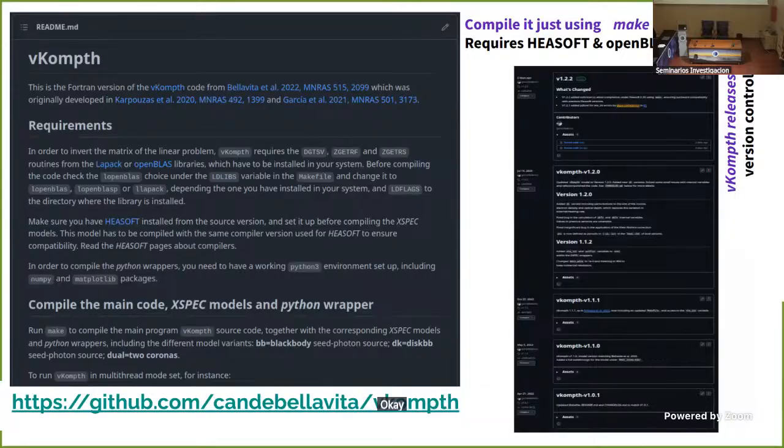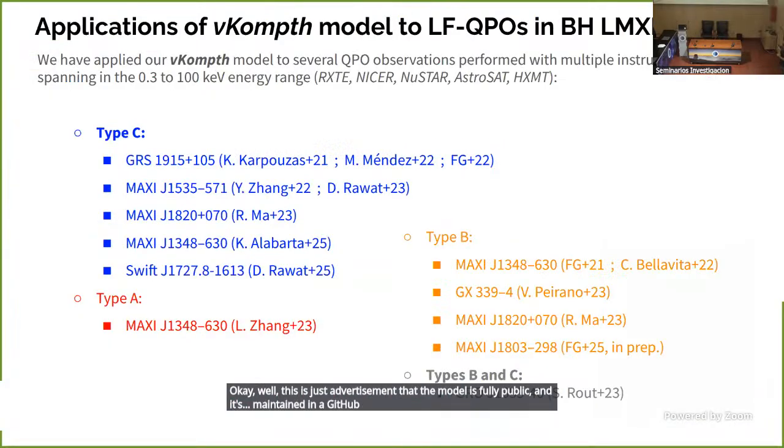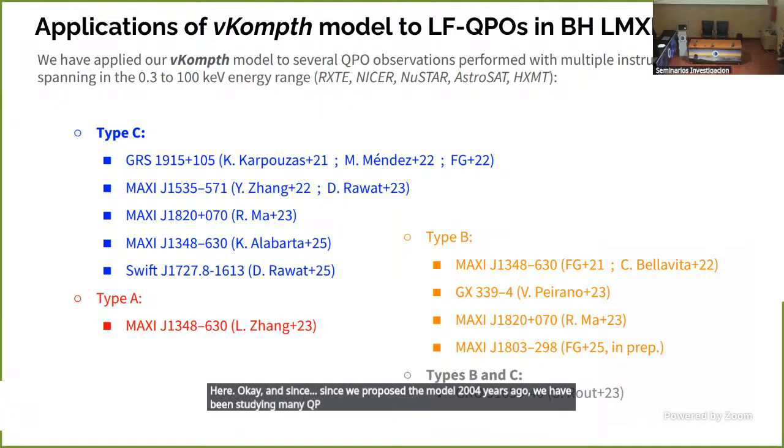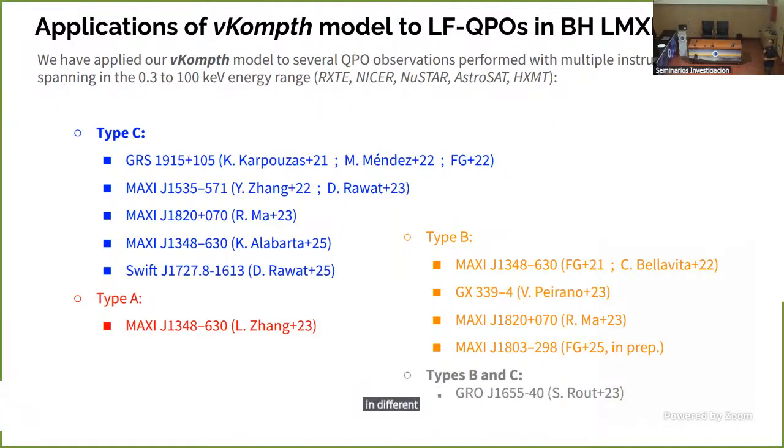Okay, well, this is just advertisement that the model is fully public and it's maintained in a GitHub repository. But I will go fast here. Since we proposed the model 4 years ago, we have been studying many QPOs in different outbursting sources that were occurring in these last years.